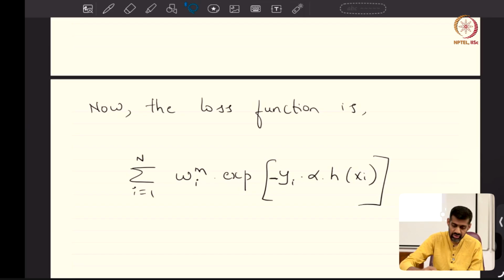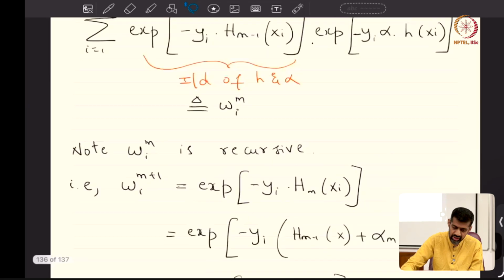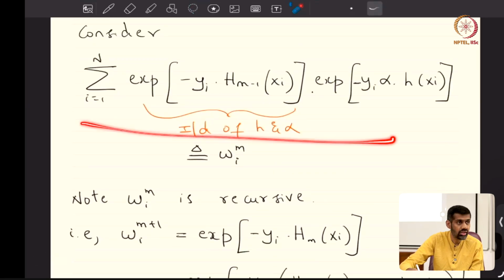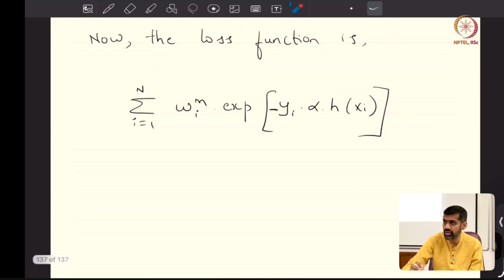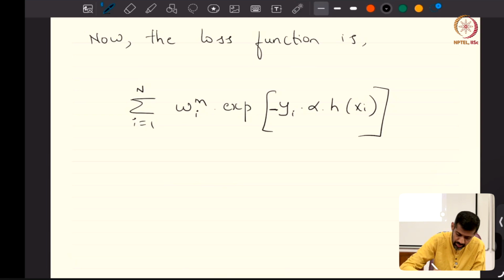I just wrote where we are coming from. So, here since we defined this term as wi m, therefore, the loss term will now be equal to wi m e power minus yi alpha times h, and we need to optimize this with respect to h and alpha, correct? This is what we have.